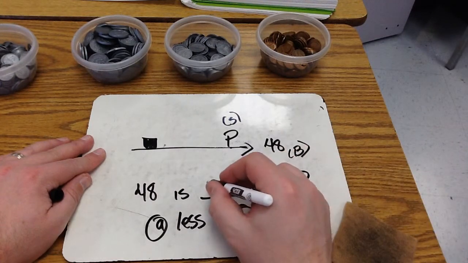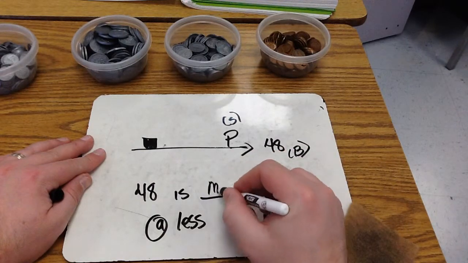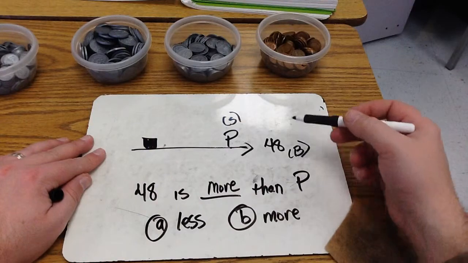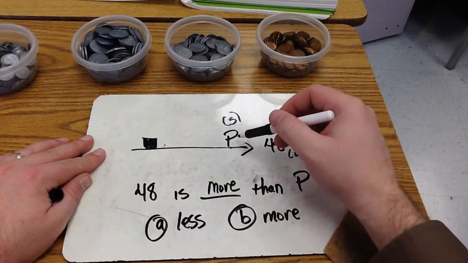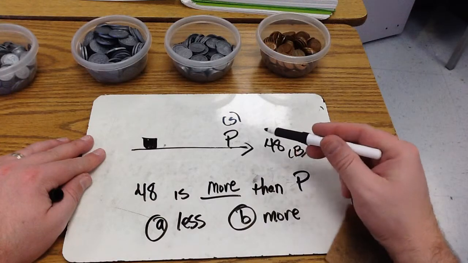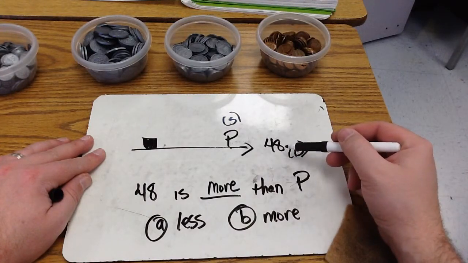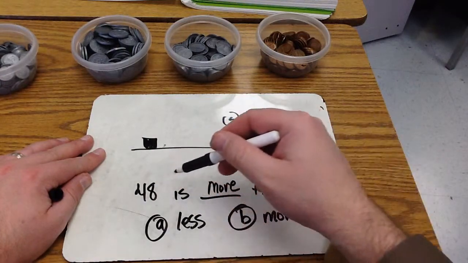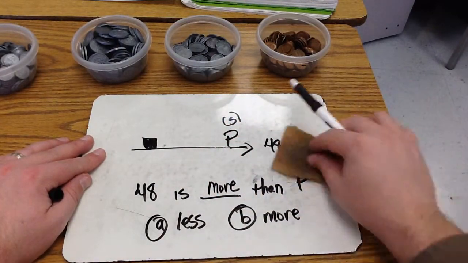If you said it would be more, then you were correct because it's the larger number. Whatever this number is, it's going to add to this number and it's going to equal this. So it has to be smaller than 48. So it has to be less. So 48 is bigger. So 48 is more than P.